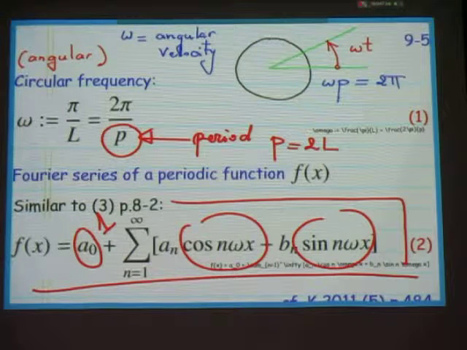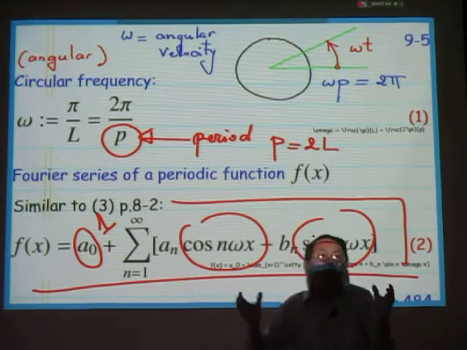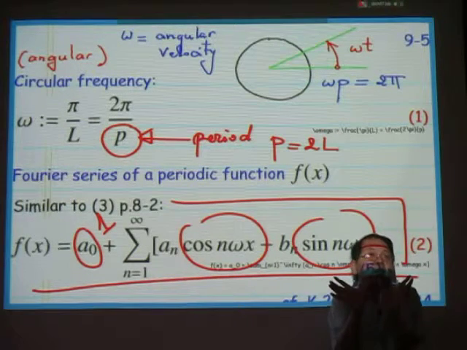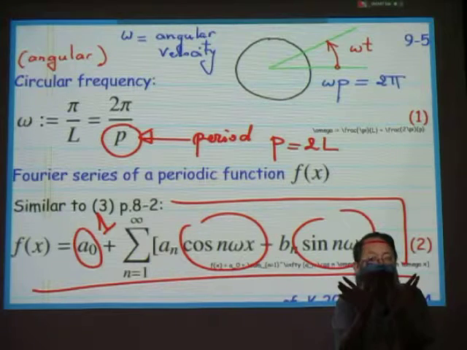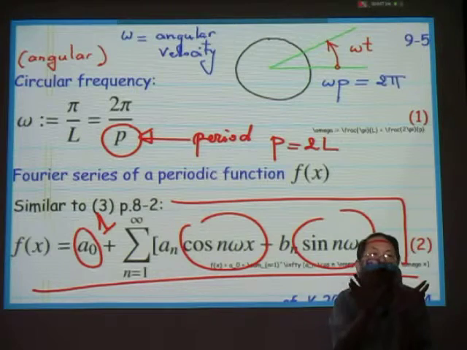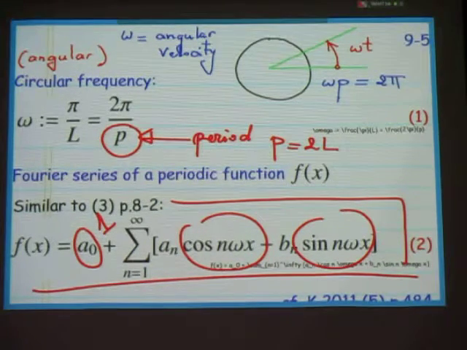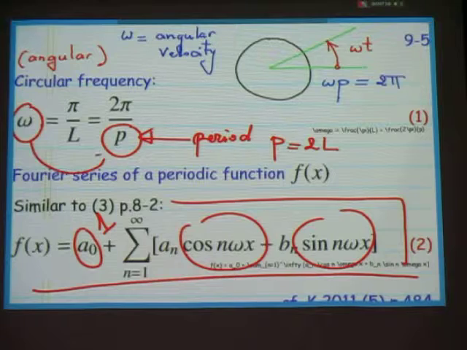The reason that Kreyszig introduced the variable gap L is simply to split the period into two parts, and there's certain advantage when you want to look at a function, whether it's an even function or odd function, so we'll come to that. But keep in mind that P is equal to 2L, and we want to find the relationship between the circular frequency and the period.